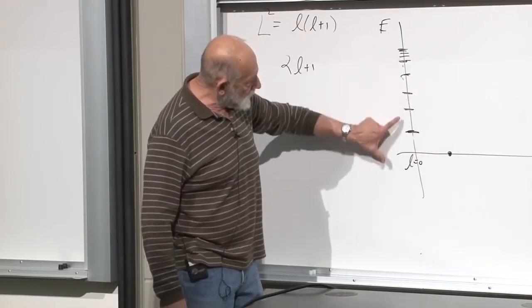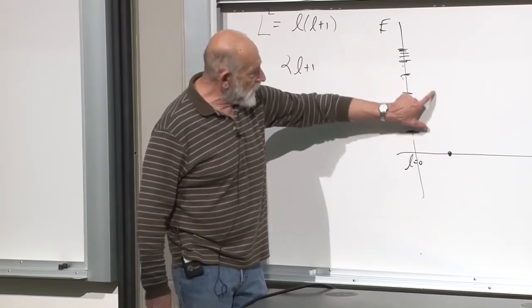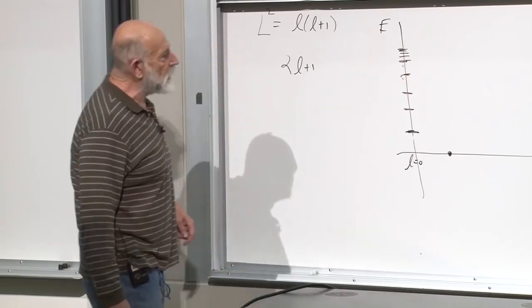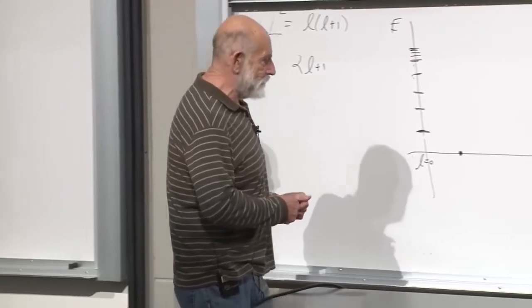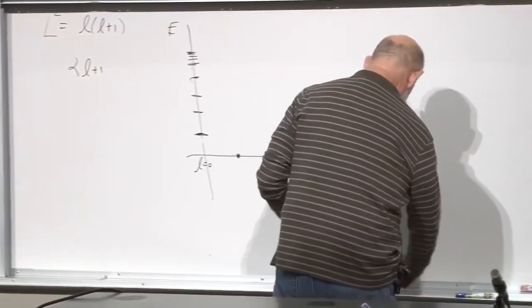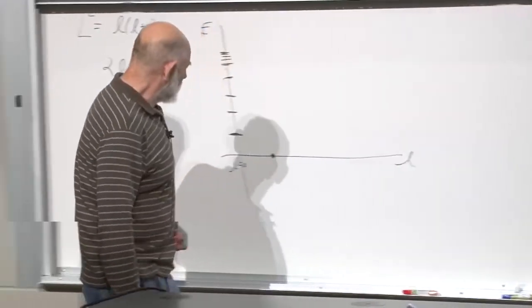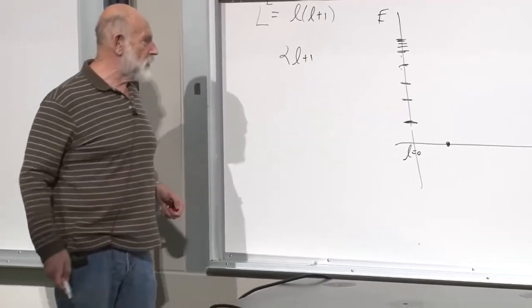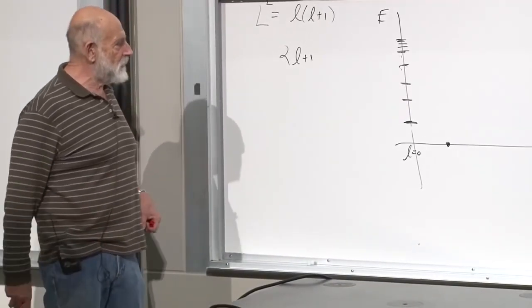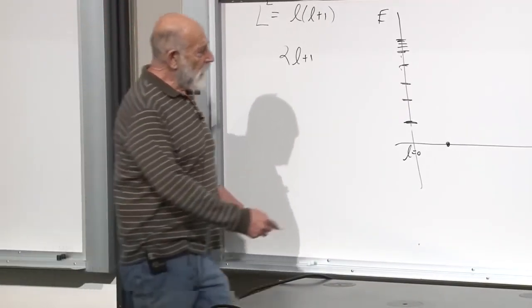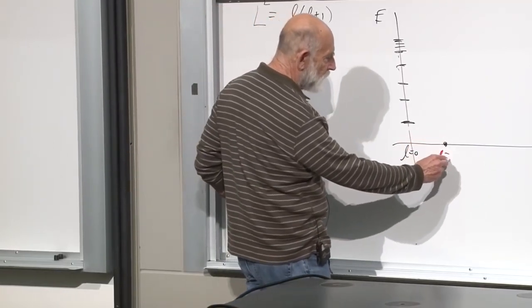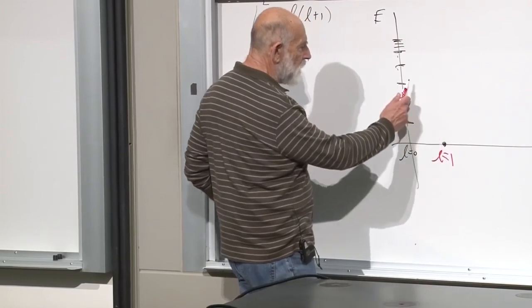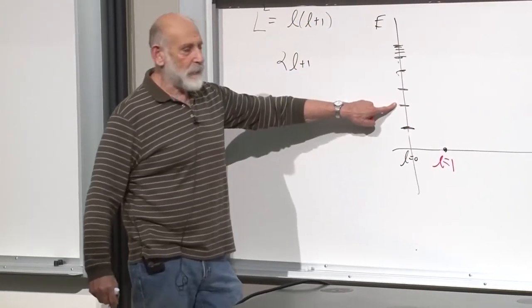In fact, this whole collection of levels is going to be raised up because of the angular momentum, and it's raised up in a rather surprising and, I suppose you could say, elegant way. I'm not sure it's elegant. It is what it is. All right, the first L equals 1 level occurs at the same place as the second L equals 0 level.